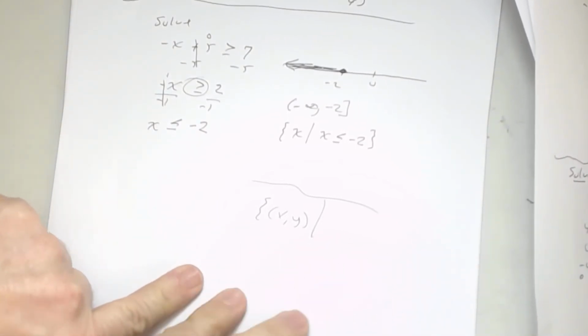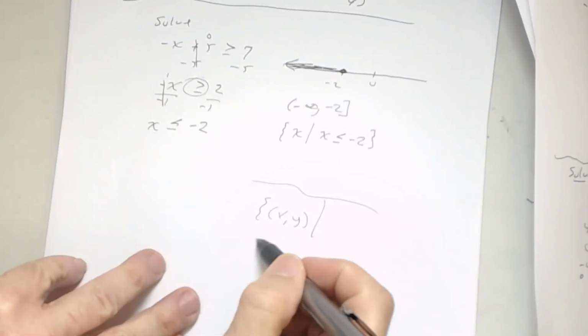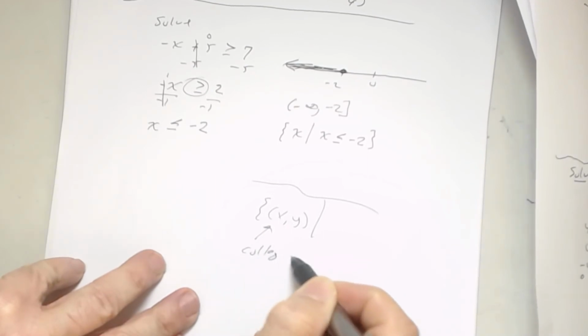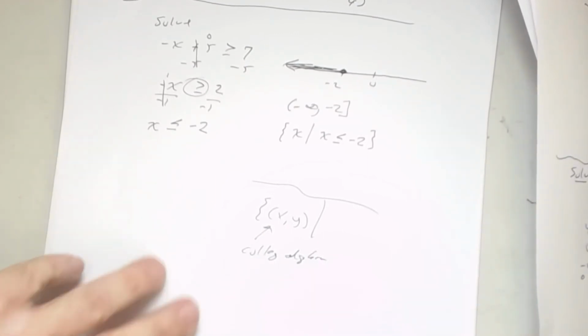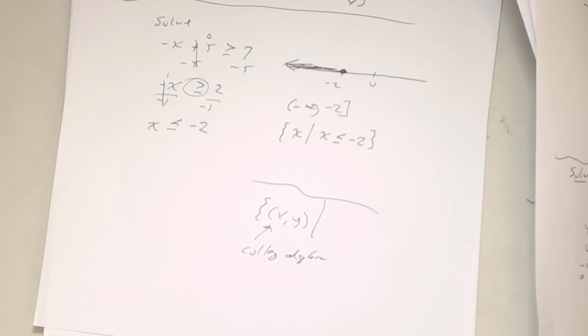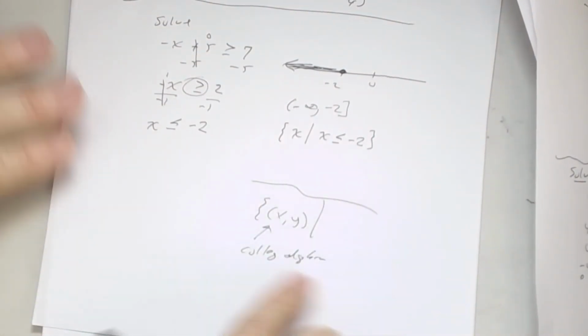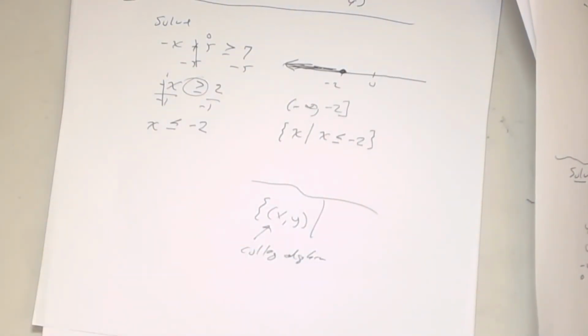So here you just have one variable. Here you have two variables. So you got to explain what the solutions are based on those two variables.